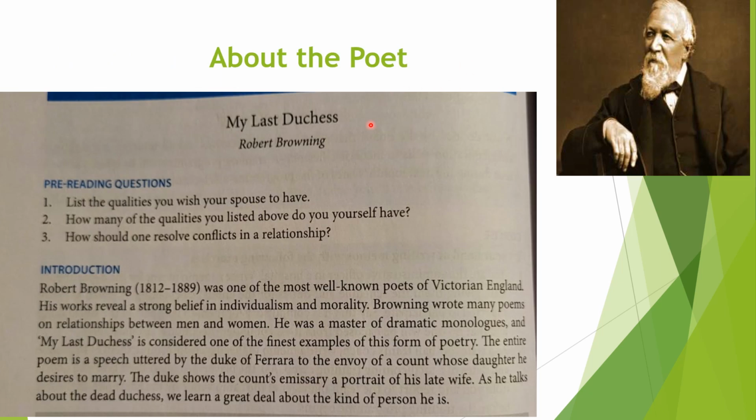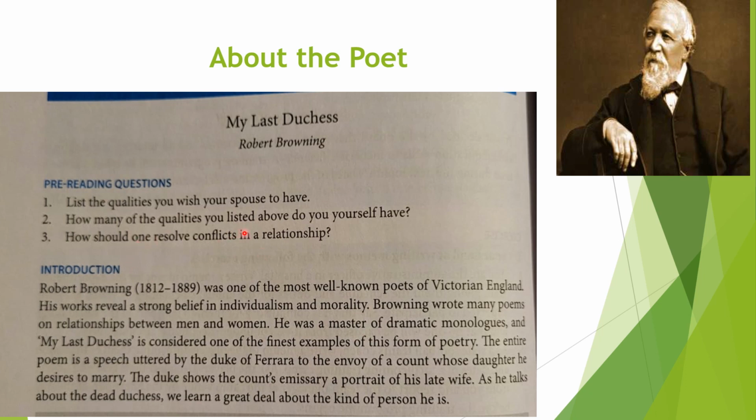Okay, first let us talk about Robert Browning, that is a poet. Before we talk about the poet, I always tell you to discuss the pre-reading questions. So the first one, list the qualities you wish your spouse to have. When you grow up, in future, I think all of you are going to get married. So already you might have some ideas about the qualities you wish your spouse has.